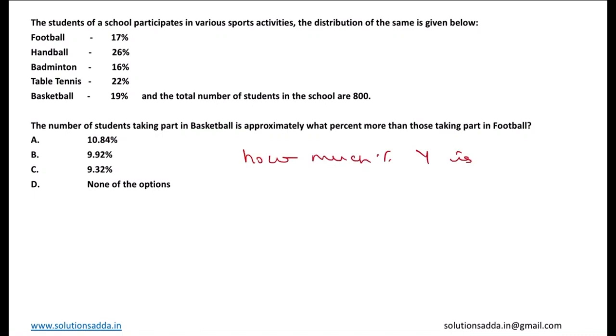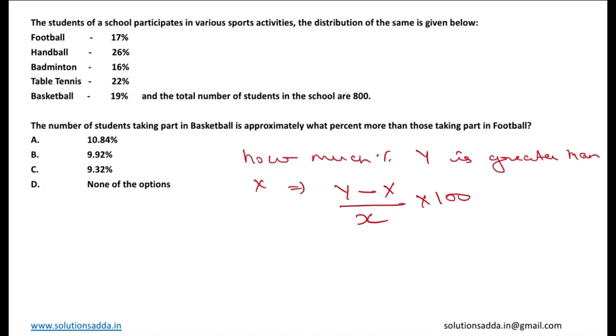We make use of the formula (y minus x) upon x into 100. So basically it's the difference between y and x divided by x into 100. If we want to find out how much percent x is greater than y, it would be (x minus y) divided by y into 100.